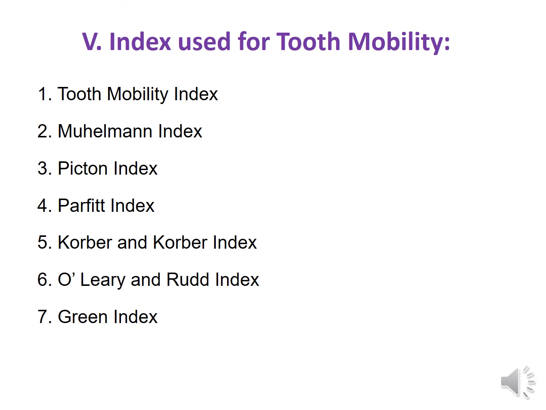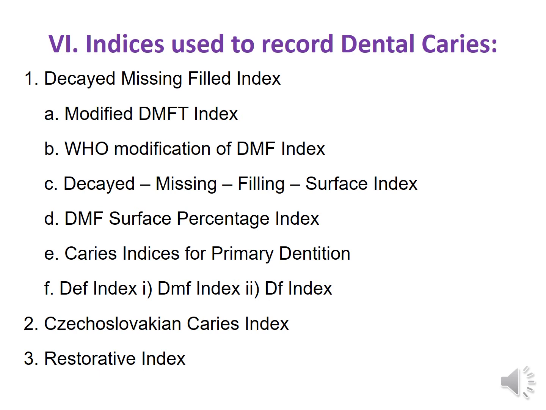Tooth mobility index: Muhlemann index, Picton index, Parfitt index, Cowboy and Cowboy index, O'Leary and Root index, and Green index. 6.1 Indices used to record dental caries. Wow.